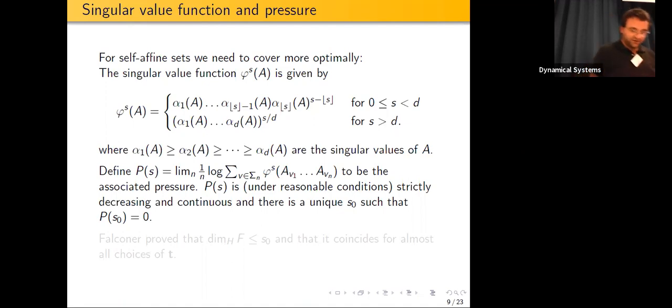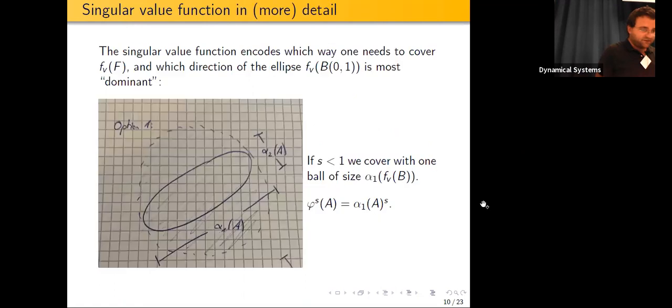All right, so how do we see that? Here is a bit of a drawing. This singular value function wants to encode what is the best way of covering it. For these natural covers, you take originally a big ball that captures the entire set. You scale it down with these maps and you get ellipses, or ellipsoids in higher dimensions.